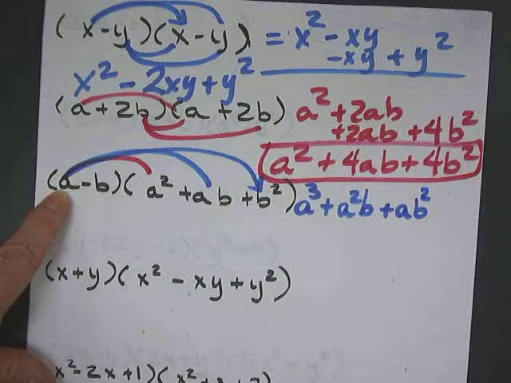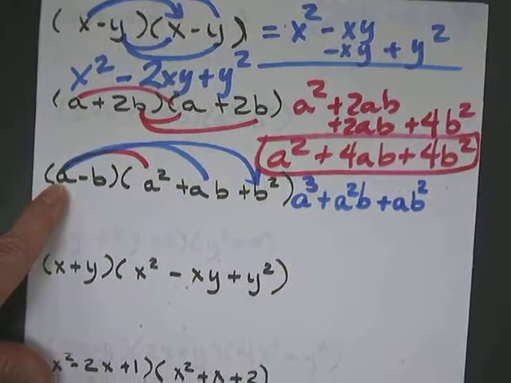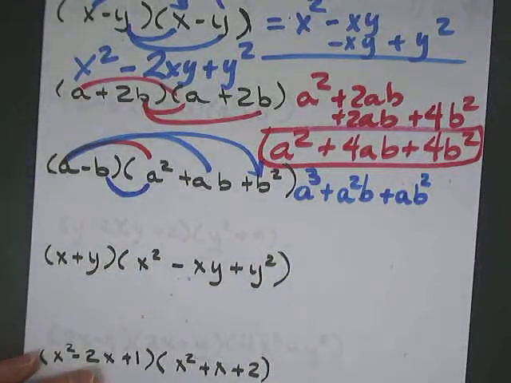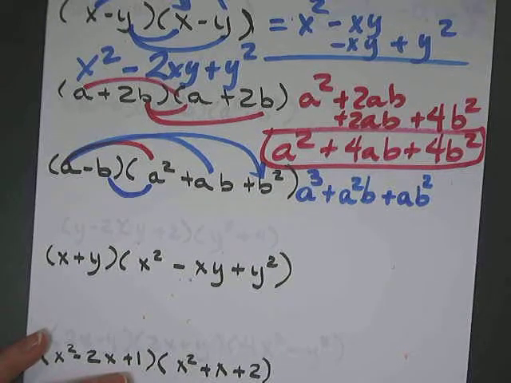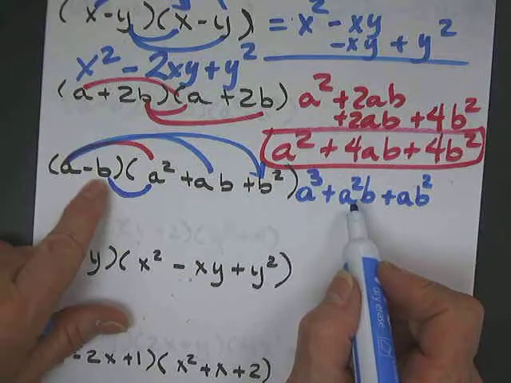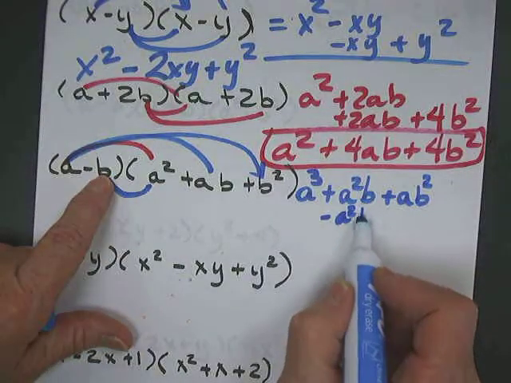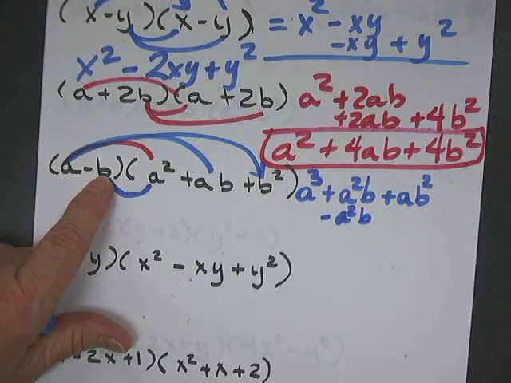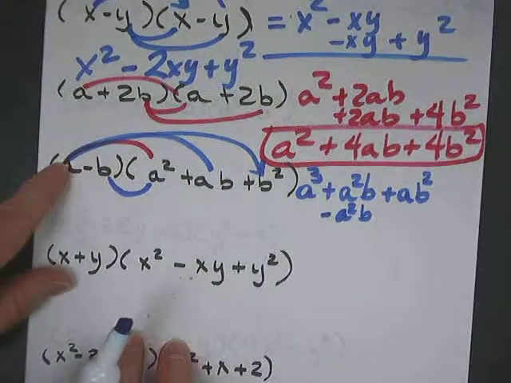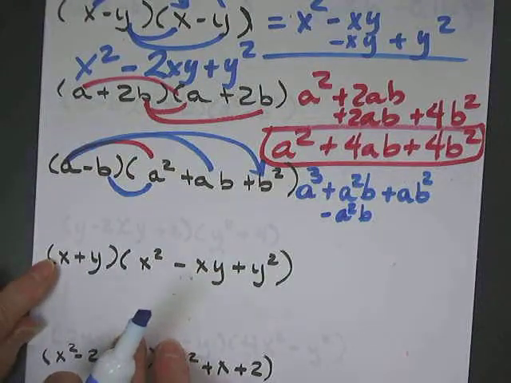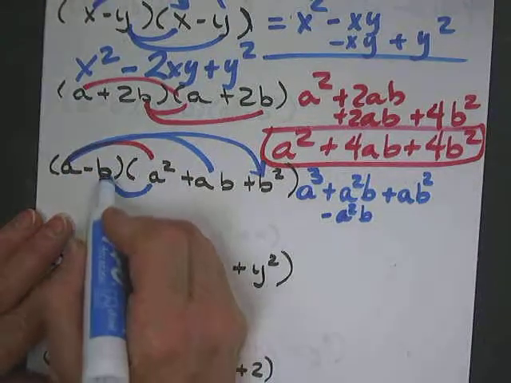A times b squared, a b squared. Then the second one times the first: b times a squared, but we're going to put a squared b. So it'll be the same as this. Minus a squared b. Those are like terms.